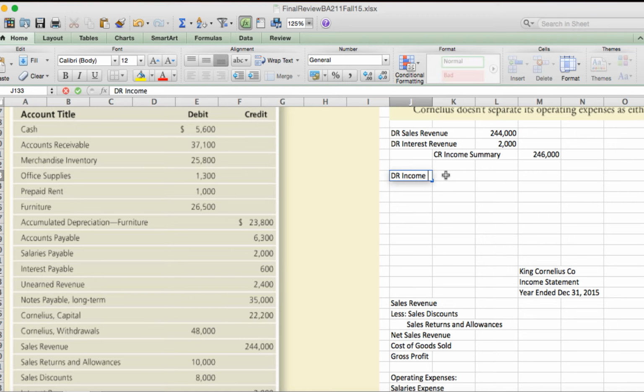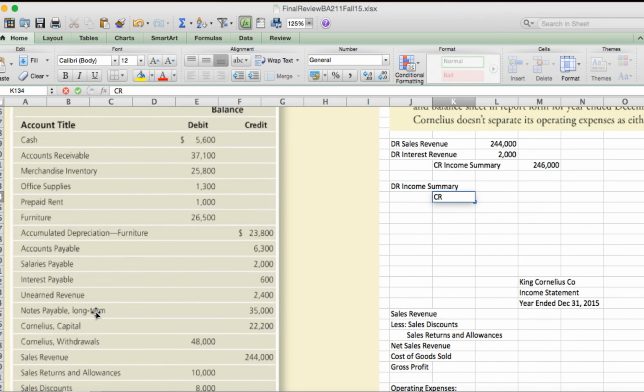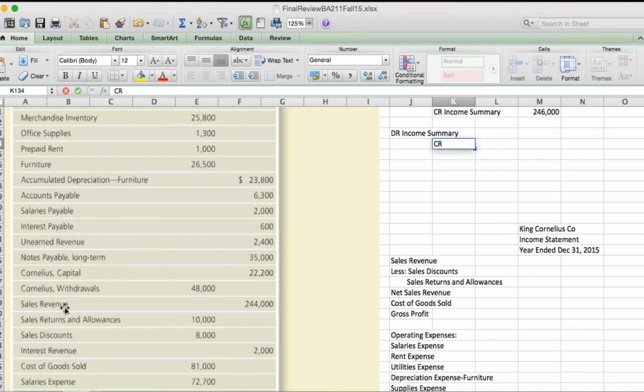Okay. So for the expense side, the debit will be the income summary, and the credit will be all of the expense accounts. And then also, since this is a merchandiser, we also include in those expense accounts the contra revenue accounts, and those are these two accounts here that function like expense accounts because they serve to lower sales revenue. So we have sales returns and allowances and sales discounts.